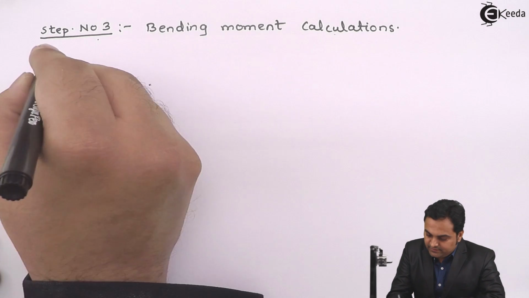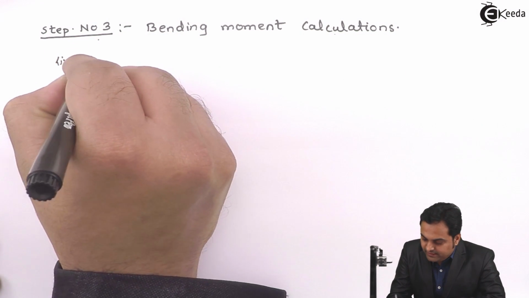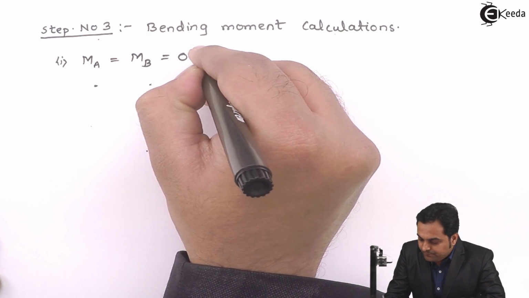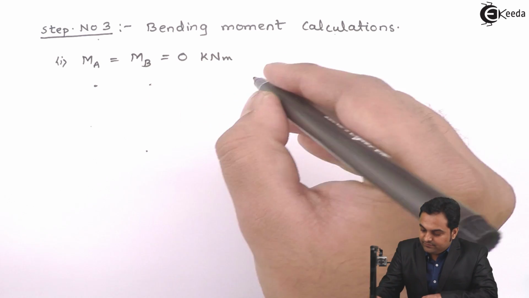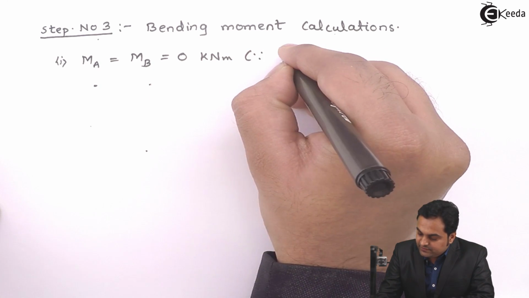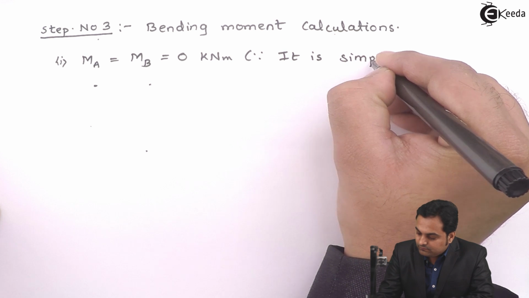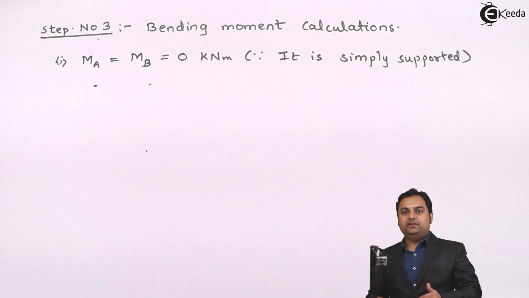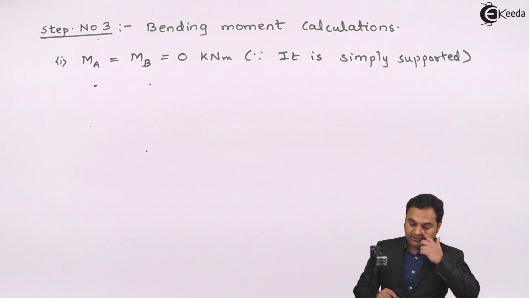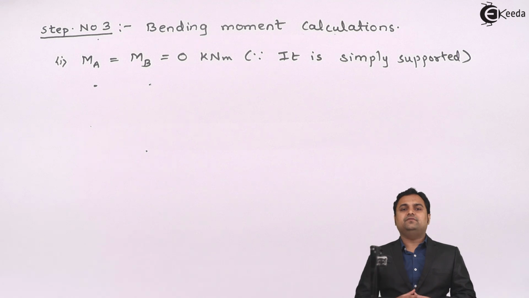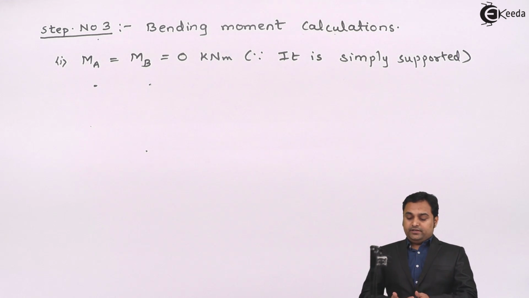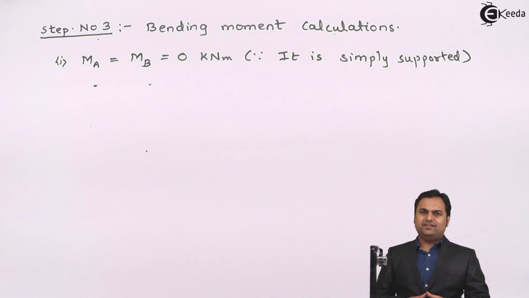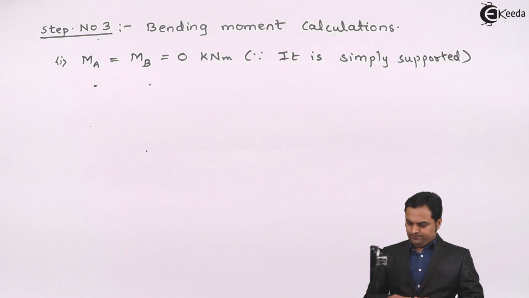That is, first I'll say that moment at A, M suffix A, moment at B, M suffix B is equal to 0 kilonewton meter, and the reason for this is since at A and B the beam is simply supported. Now, as I have shown the sign convention for shear force, in case of bending moment also we have a sign convention. I'll draw that because without the sign convention we cannot move ahead in the problem.